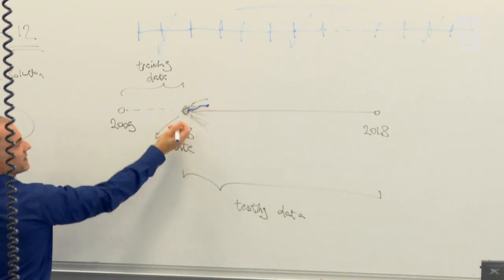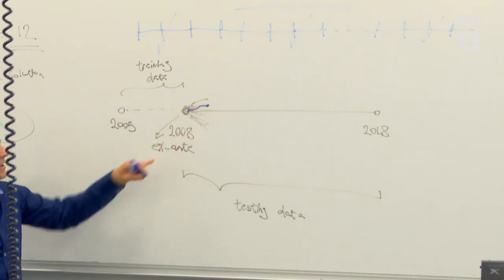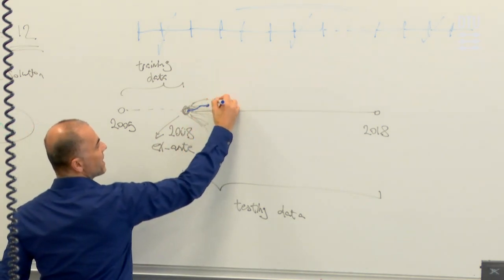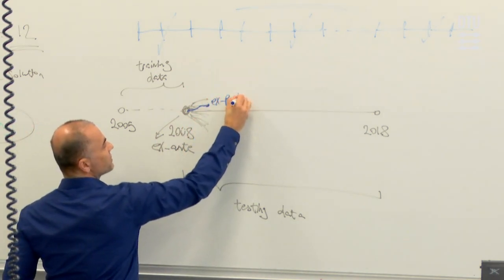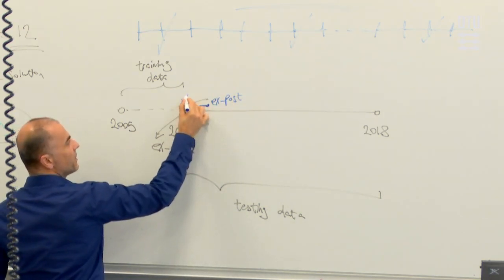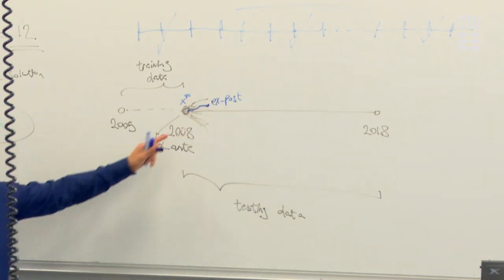So the black scenarios were my scenarios based on which I get my ex ante result. Then I know that after 1 month this was the result. Then here is my ex post result. So based on whatever x star I get in here, I get a result which I know exactly is what happened. That's my ex post result.